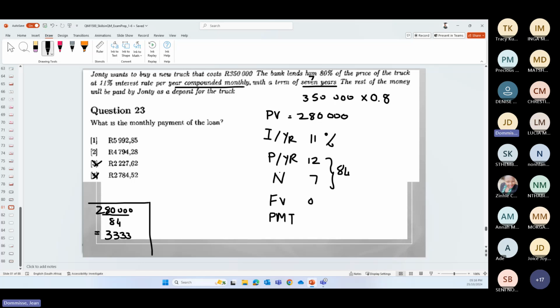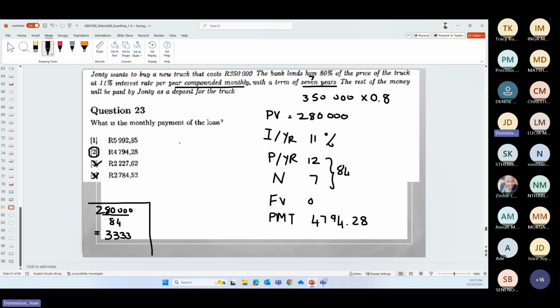That gives us 84 periods. And then if we work out the PMT, we get 4794.28, which is option 2.